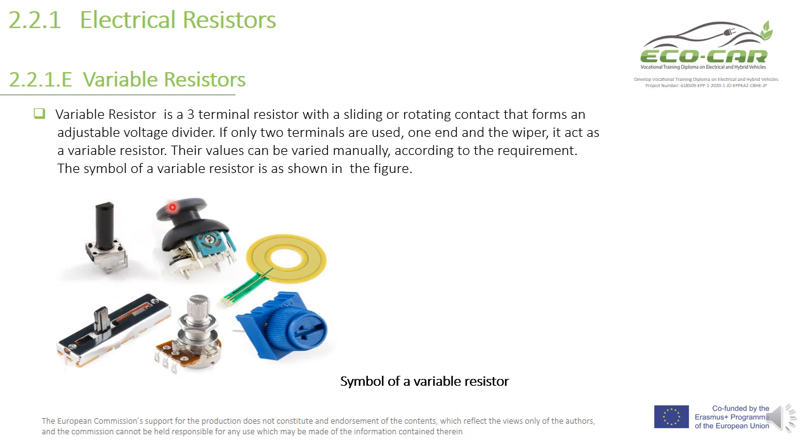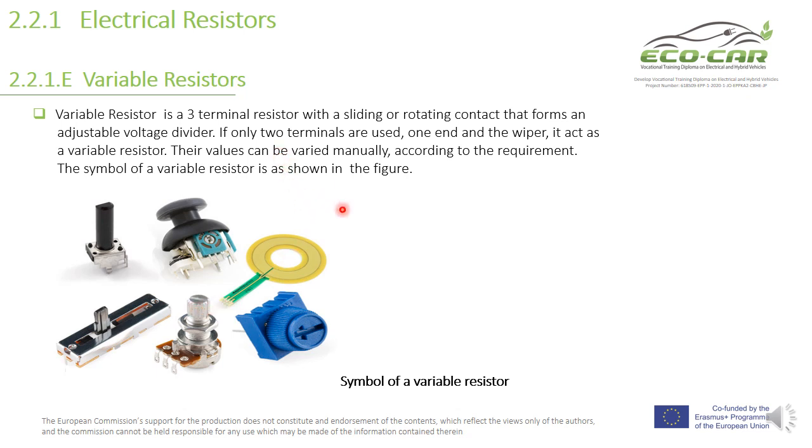This is rotating, this is rotating by screw, you see here, screwdriver. This is also a rotating arm. This is sliding, and this is rotating, to form an adjustable voltage divider.